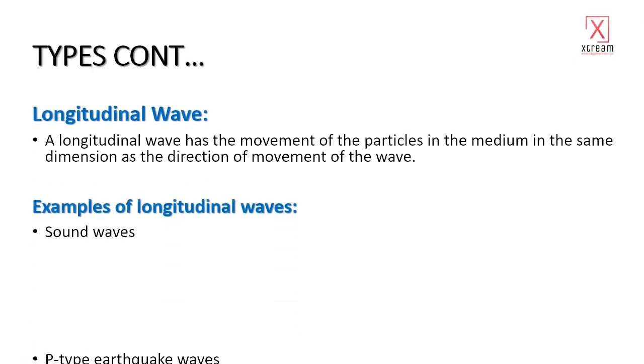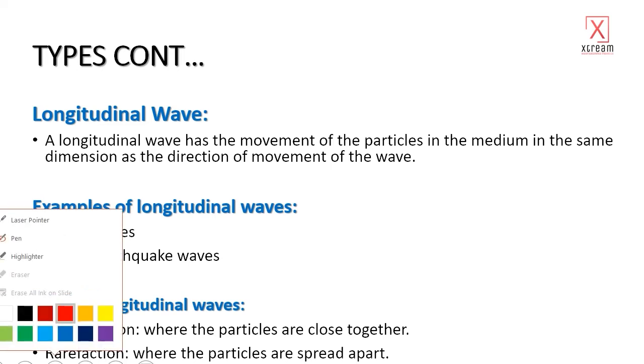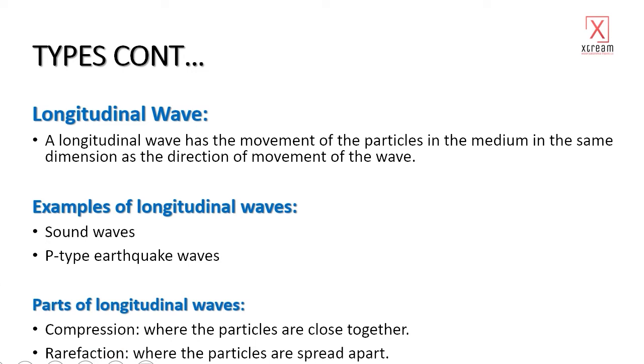Similarly, there is another type of wave called the longitudinal wave. A longitudinal wave has the movement of particles in the medium in the same dimension as the direction of movement of the wave. What does it mean? Let's suppose we have a wave propagating from a source generating longitudinal waves.